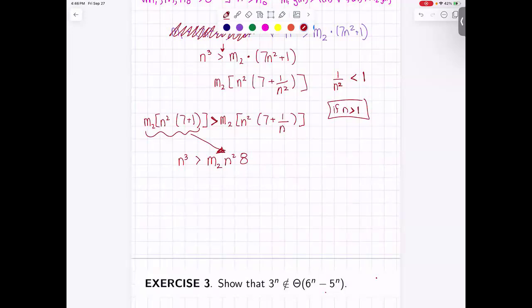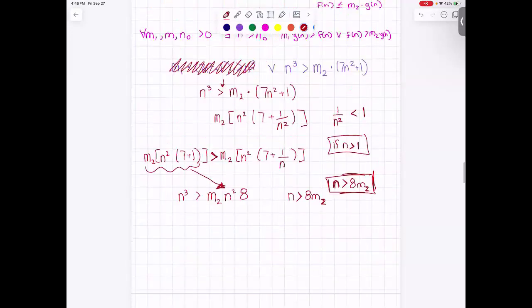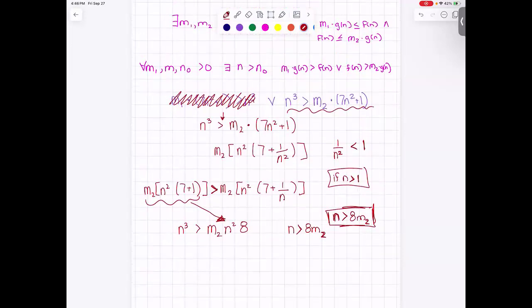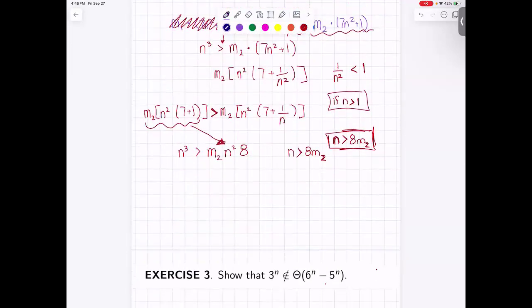So if we divide both sides by m squared, we will end up with n being greater than 8m². So as long as we define n to be bigger than 1 and also bigger than 8 times m² for any value of m, we will be able to satisfy the right-hand side of this original statement up here. So the way we would start this proof officially would look something like this.